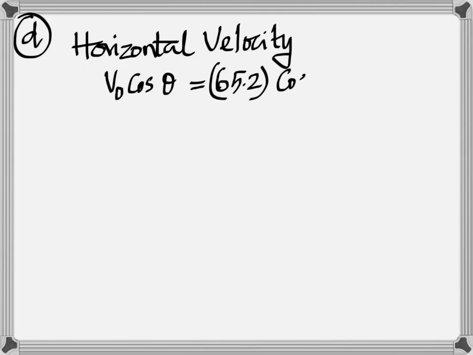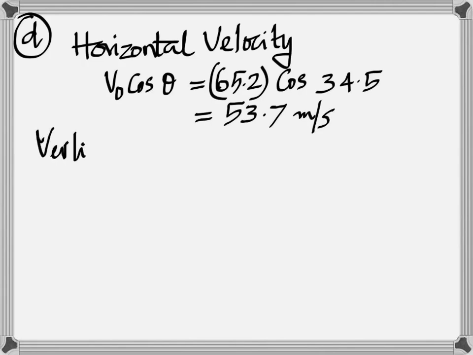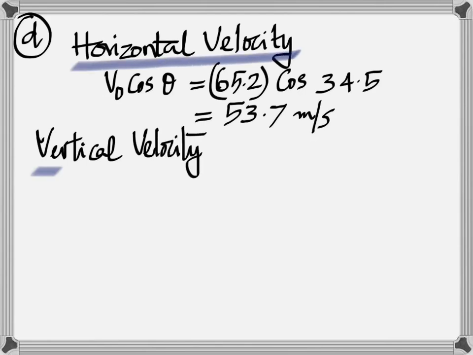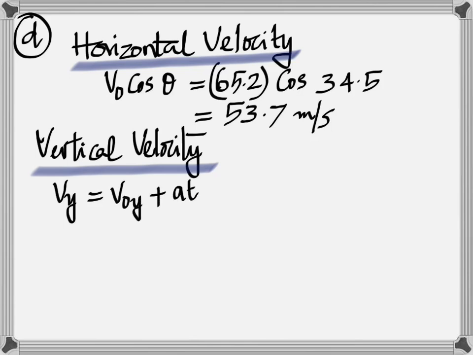So to find the horizontal velocity, 65.2 cos 34.5. Did you get that as 53.7 meter per second? Yeah, and the vertical velocity, we use that equation. What did you get? 22.2.